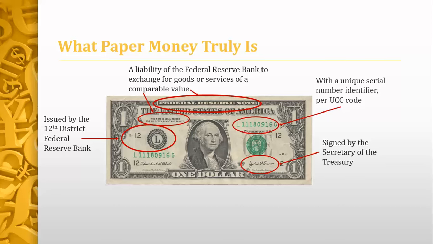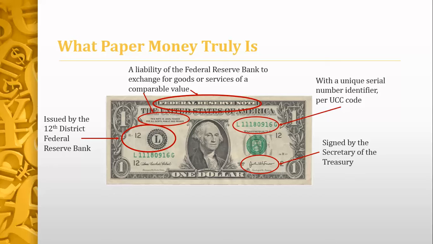The next piece here is you'll see the serial number, and this is on every bill. This is a unique serial number identifier. This is per UCC code that identifies this as a transferable note. It is signed by the Secretary of the Treasury.